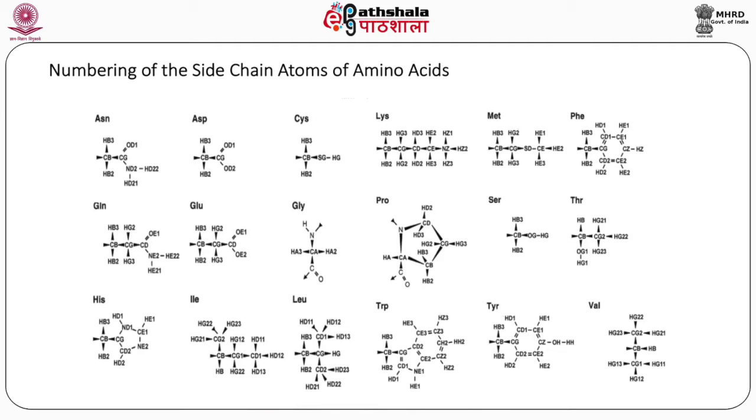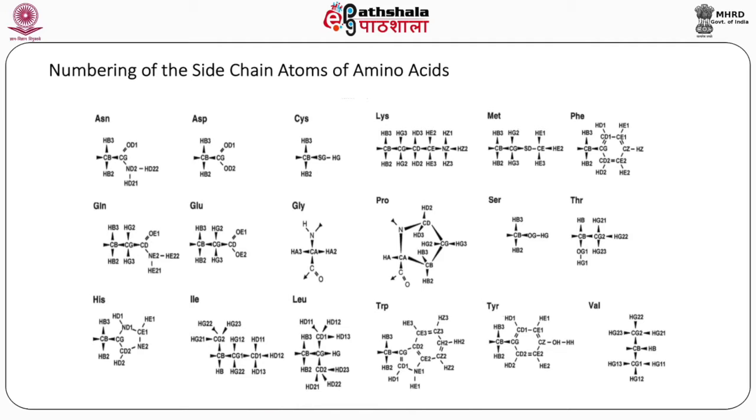Then we can look at the interesting residue proline. There is the N, and N has the C alpha. There is no NH in proline. N has C alpha, which has an H alpha, and the C alpha is connected to the carbonyl, and also to C beta, which has Hb2, Hb3, then Cg to Hg2, Hg3, and C delta or Cd to Hd2 and Hd3.